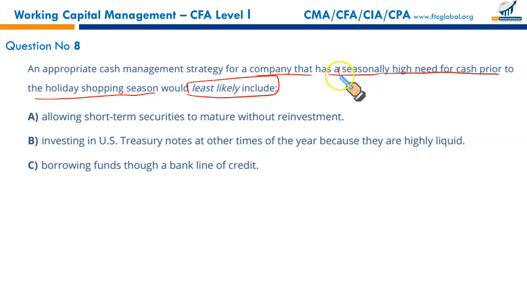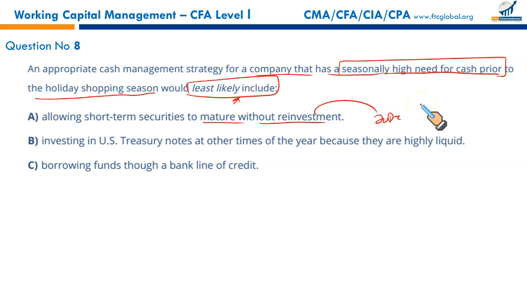So in such a situation, when the company is in need of high cash just before holiday seasons, which of these is least likely to be used as a source of finance? Least likely. Allowing short-term securities to mature without reinvestment. You have short-term securities and you allow them to mature near the holiday season, maybe near 20th of December, 15th of December. So these securities will meet your liquidity needs. This is a good source. We are looking for the one that is least likely to be used.